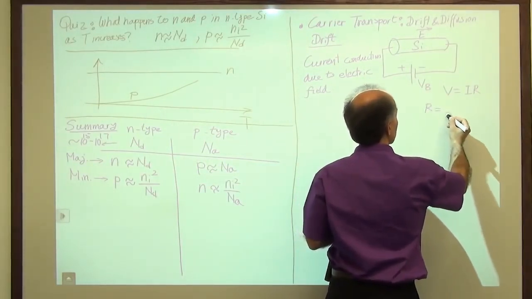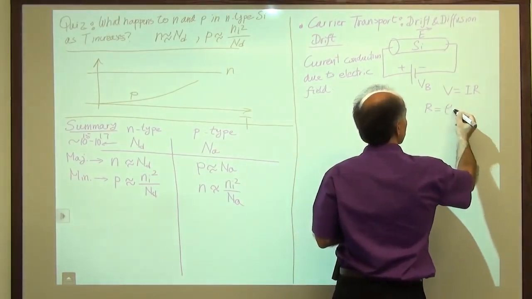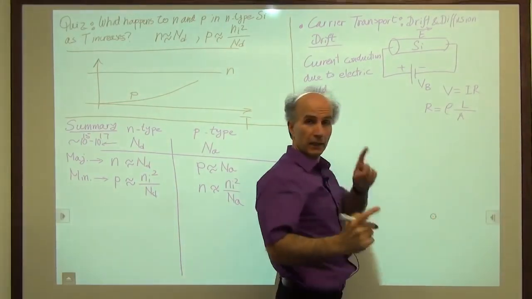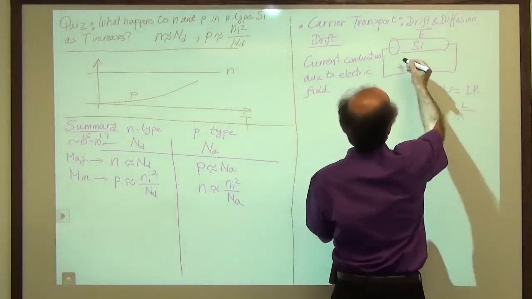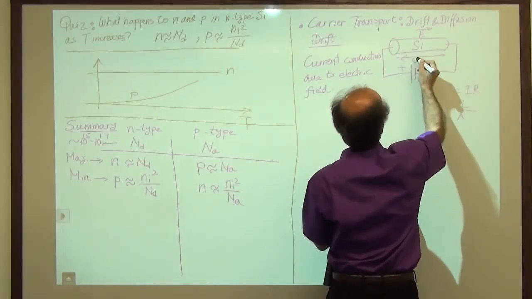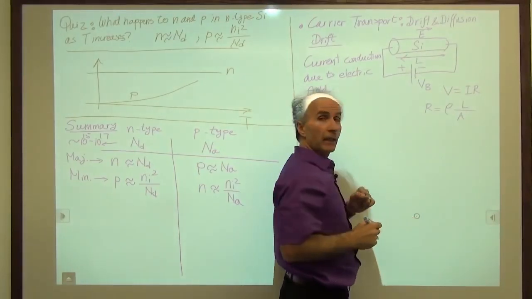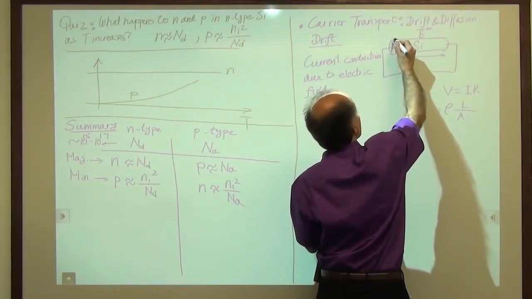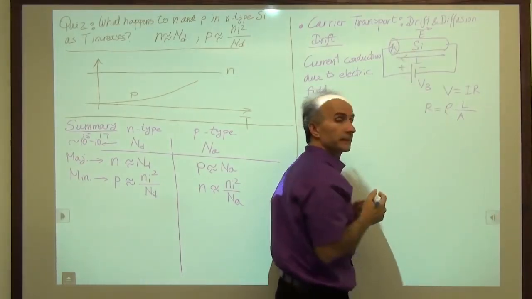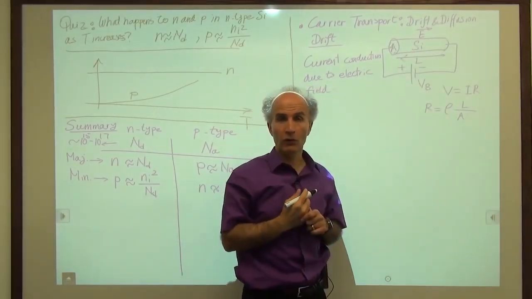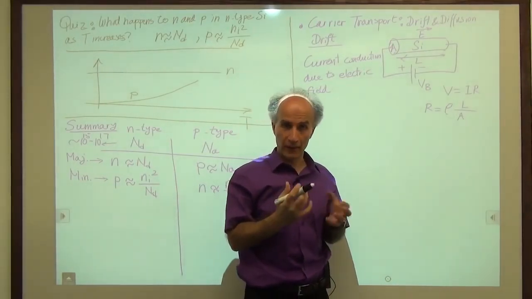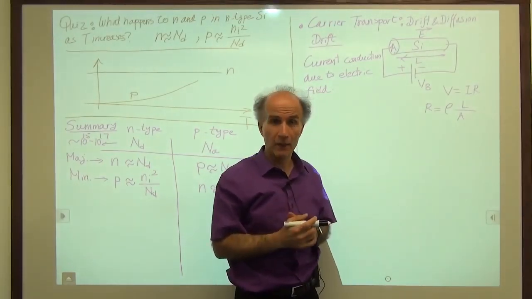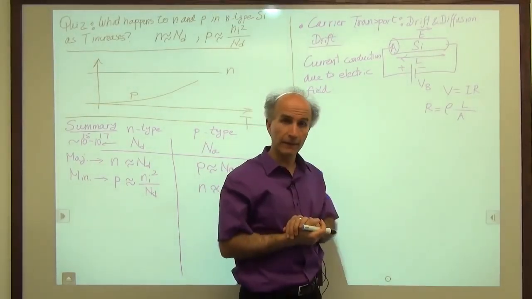R is equal to rho times L over A. L is the length of the object, so this is L. A is the cross-section area of the object, so A is here, this area, and rho is what we call the resistivity of the material in that object. So the material could be metal, could be carbon, could be various things. In this case, it happens to be silicon.